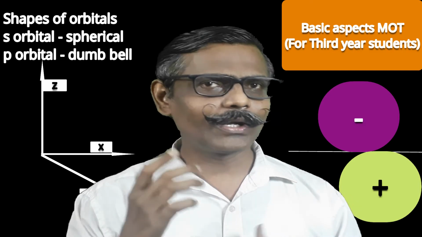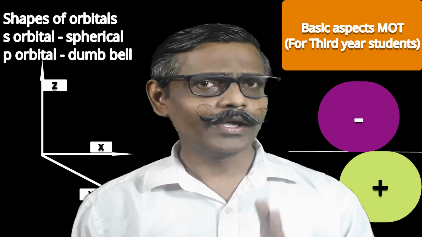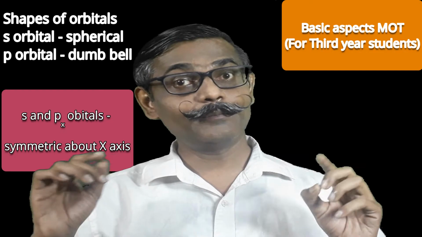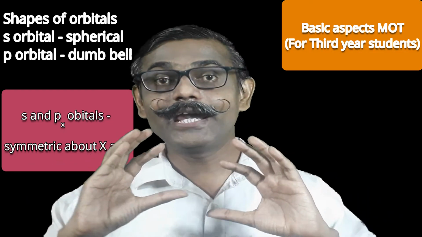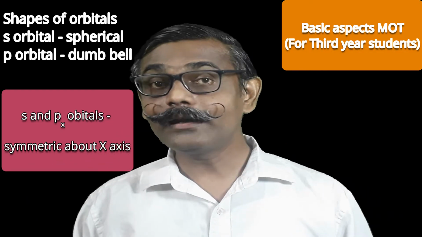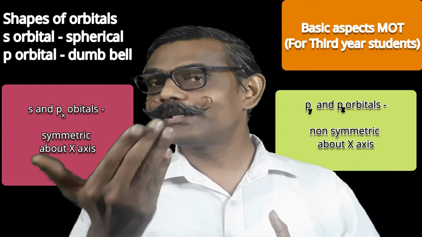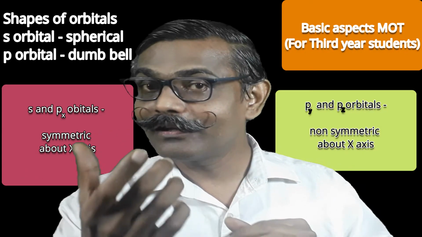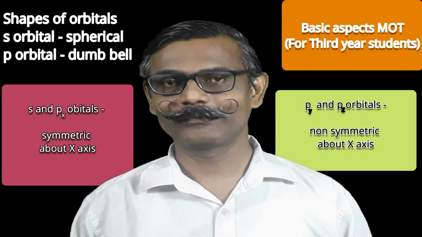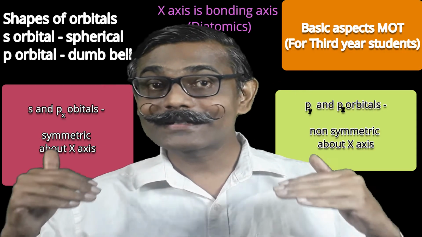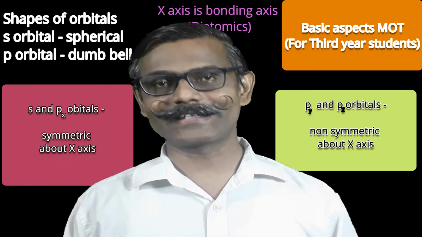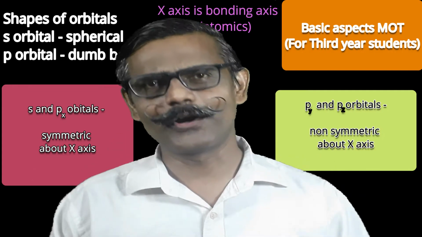So among all these orbitals, we come to know the s orbital and px orbital behave in the same way, while the py orbital and pz orbital behave in the same way, in terms of symmetry about the bonding axis, say the x-axis as the bonding axis.